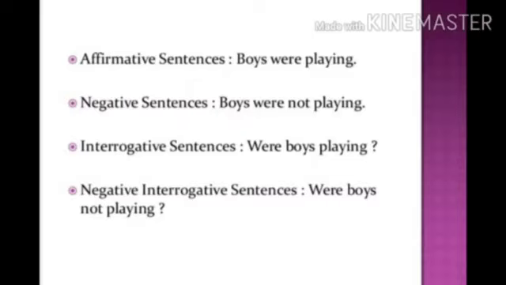Again, when we talk about affirmative, negative, interrogative, or negative interrogative sentences, we will get examples like this with the same verb play. See that boys were playing. What is it? It's a casual, affirmative, natural sentence. If it is negative, boys were not playing.